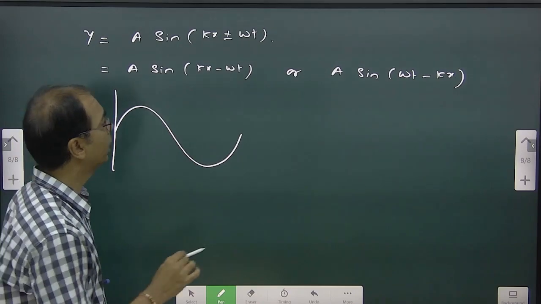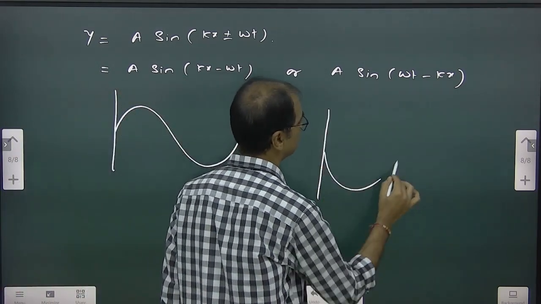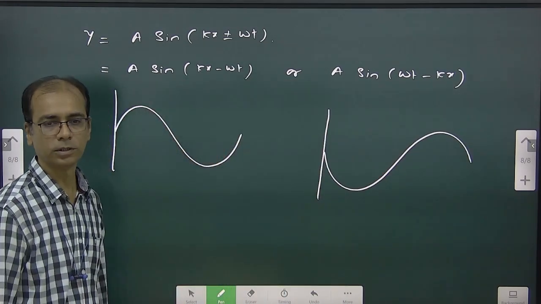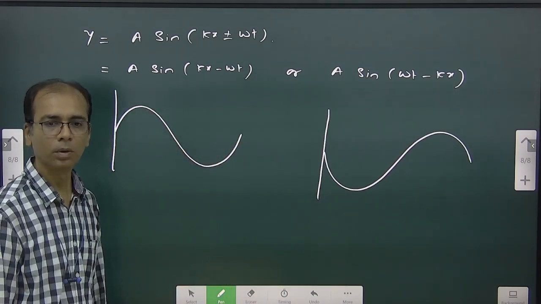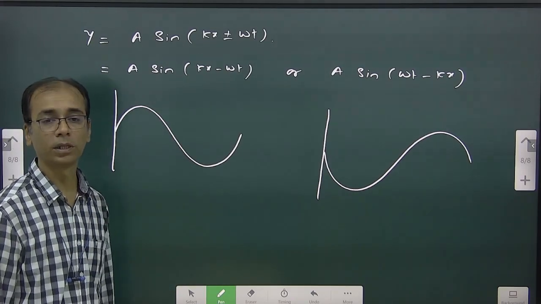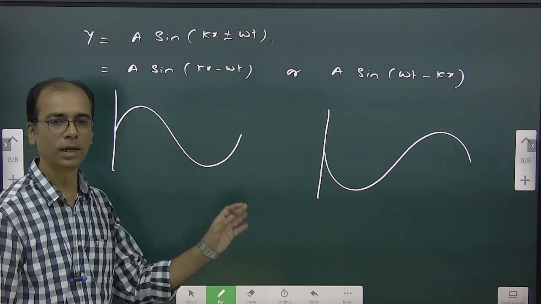If it is omega t minus kx, the wave is generated like this. That is the difference. Just remember that. How it came, I'll tell you later, not now.